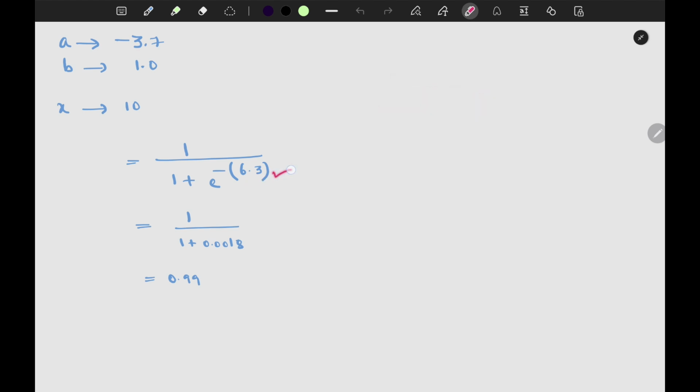So I got 6.3. After doing this calculation, I got 0.99. So if a person is studying for 10 hours, it represents that he is going to pass the exam with 99% probability, which means I can classify him as 1, as pass.